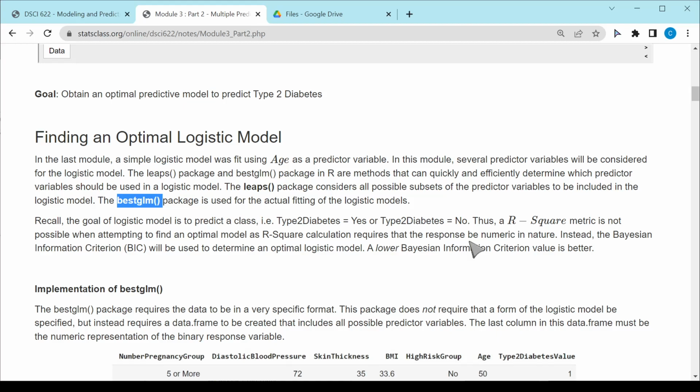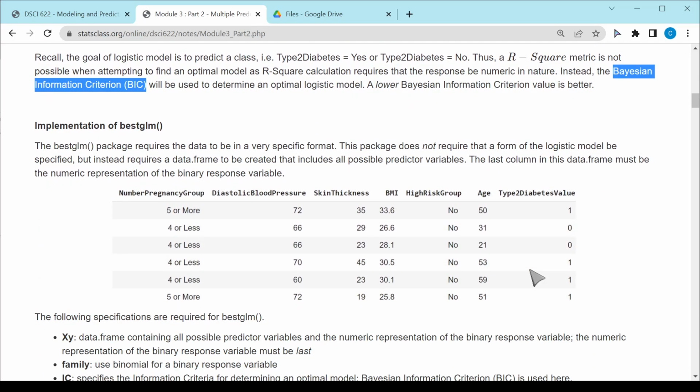But here, the predictions are either a yes or no, so we're trying to classify observations. So you cannot use Pearson's correlation measure as a metric. Instead, we are going to use the Bayesian information criterion, or BIC, in trying to figure out what our optimal logistic model is. When we're using BIC, a lower value is better.